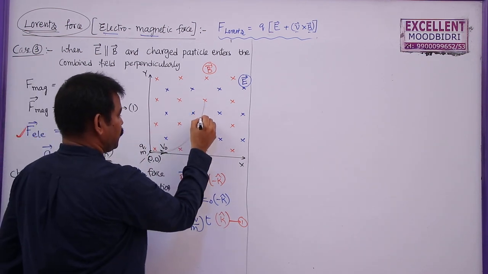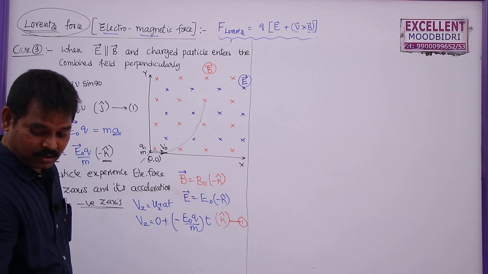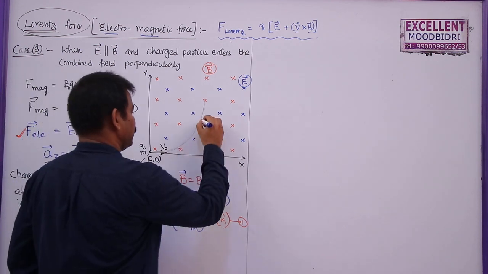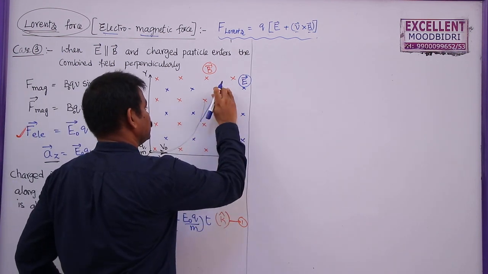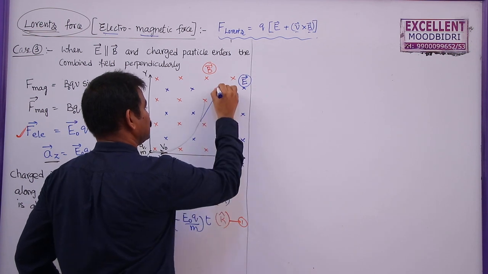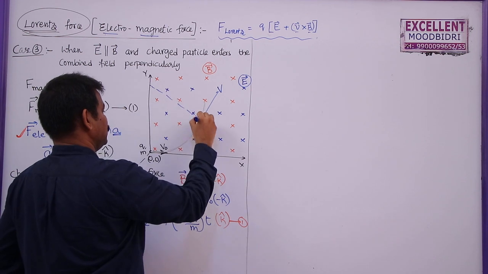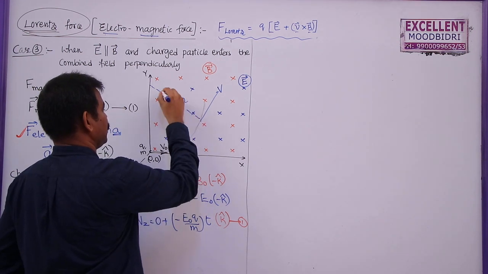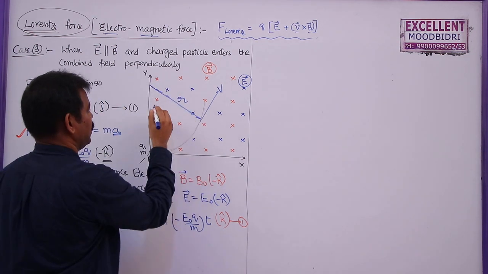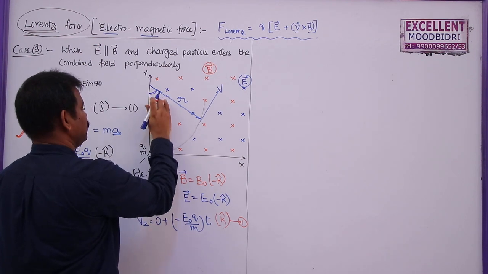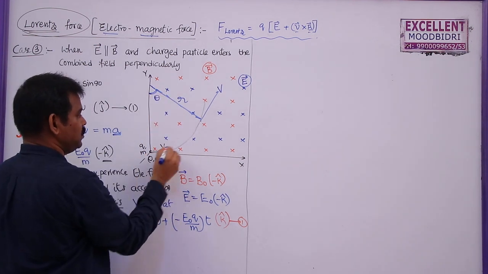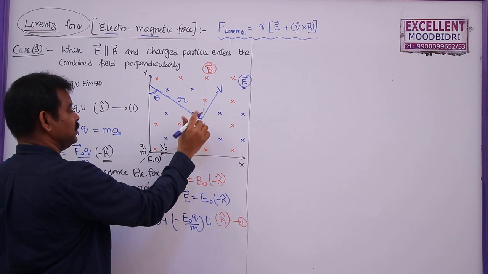At a particular point, if you want to find the direction of the velocity, this is the tangent, this is the velocity. Let us say it describes a circular path of radius r, and within a given time it describes the angle theta. So from here to here the angular displacement is theta.